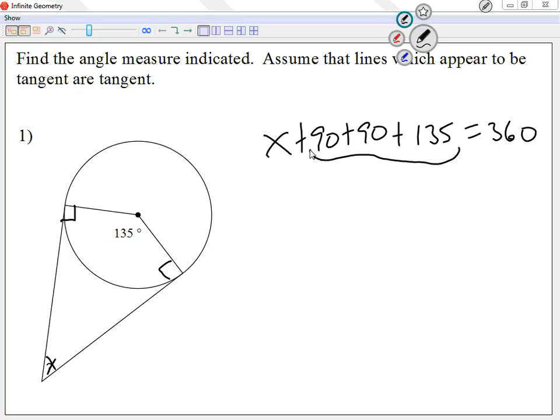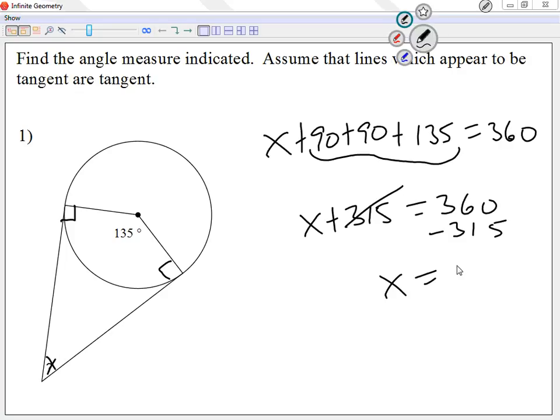That is 315. So we have x plus 315 is equal to 360. I just simplified that. And then we know the plus 315 we can move to the other side as a minus 315. So I'm going to get that x is equal to 45. And that's it.